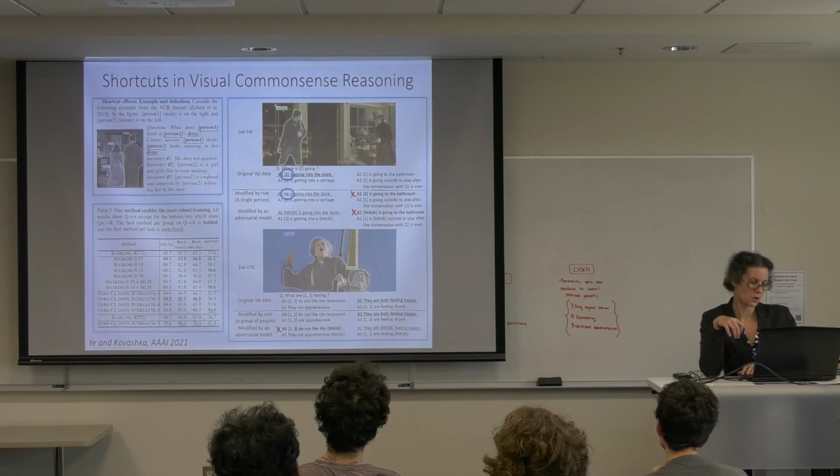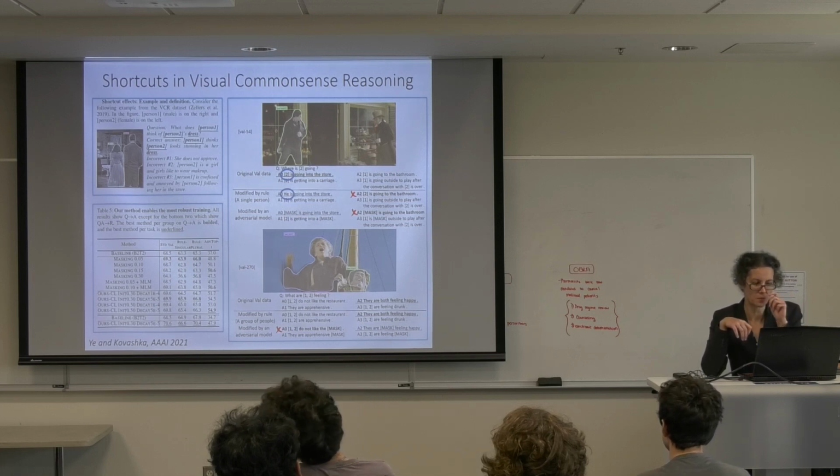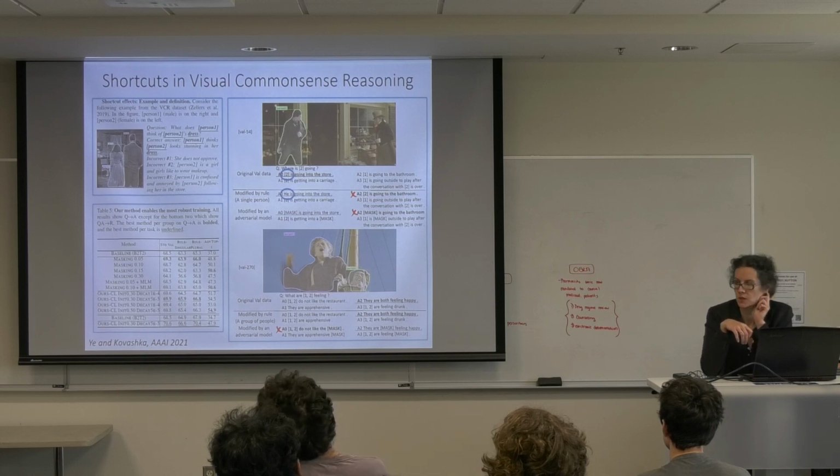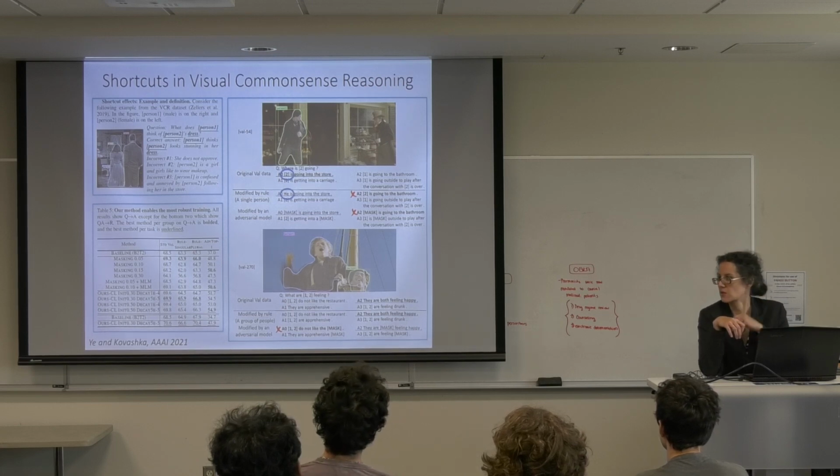But then we did some work, going to something a little more mainstream, as in other data sets beyond our ads data set. If you look at the top left, we basically show that the way some other data sets are set up is a multiple choice task where your algorithm is supposed to answer a question about an image. There are actually lots of ways for the method to cheat, such as essentially basic string matching rather than doing any sort of reasoning.